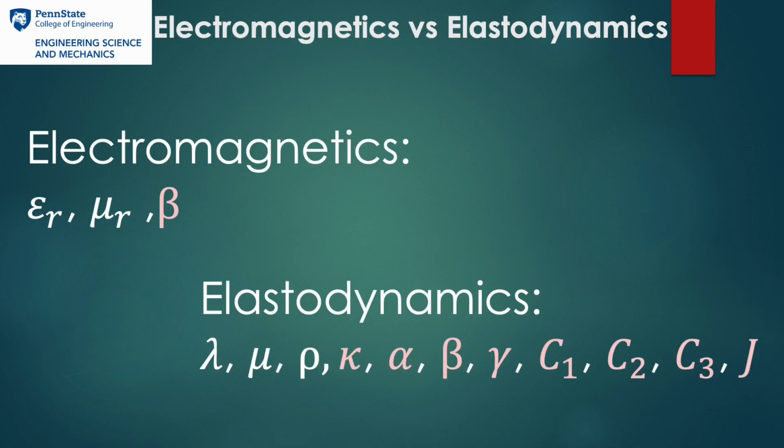Compare electromagnetics and elastrodynamics. For an isotropic chiral medium, electromagnetics requires just one more constitutive quantity. So the increase in constitutive quantities is 50%.